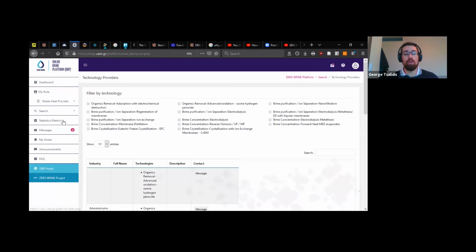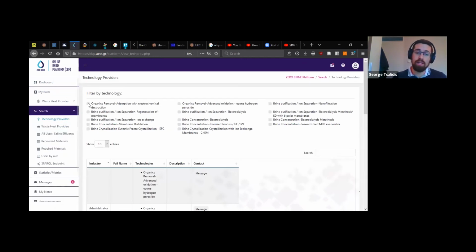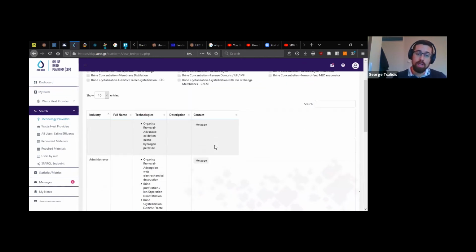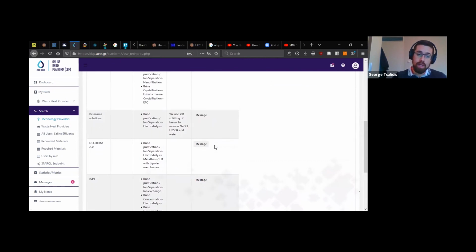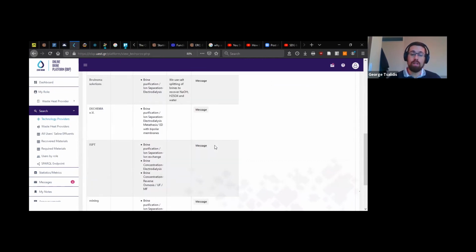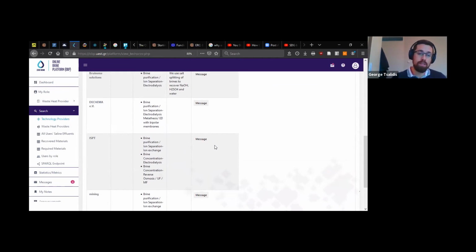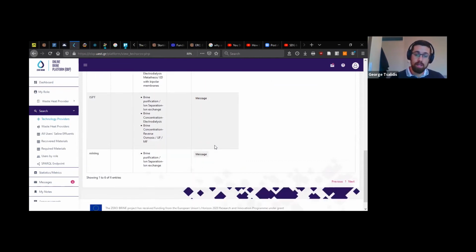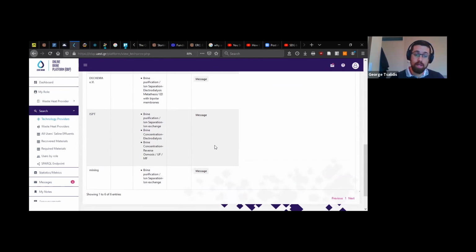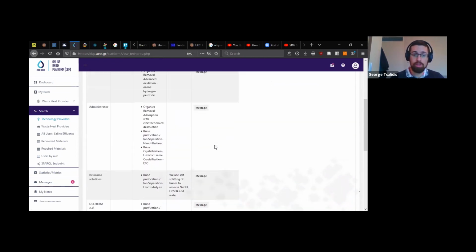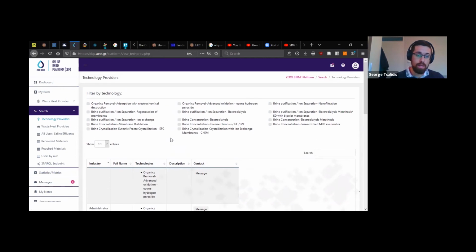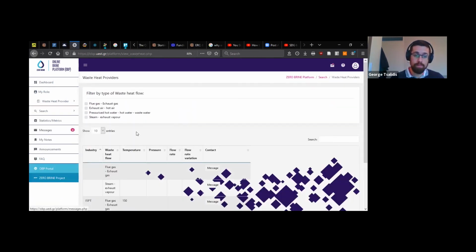So if I go to the technology providers, for example, I can filter it based on the technology, and I can see different corporations, different stakeholders, and the technologies that they can provide me, and with the waste heat providers the same.